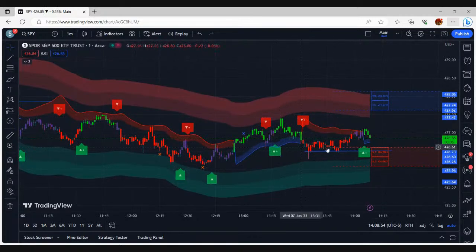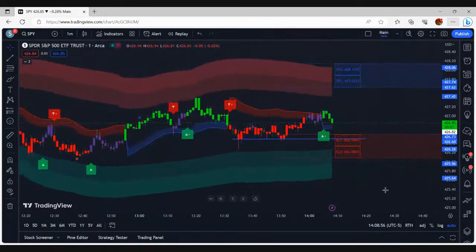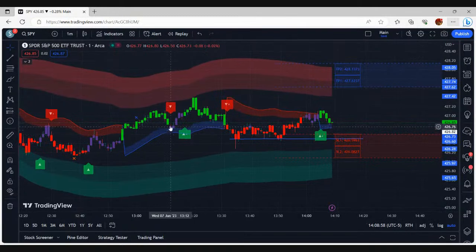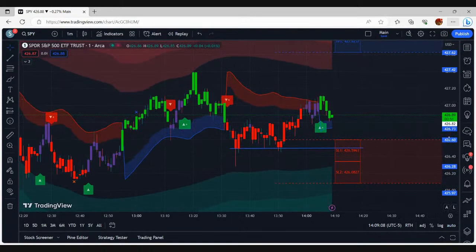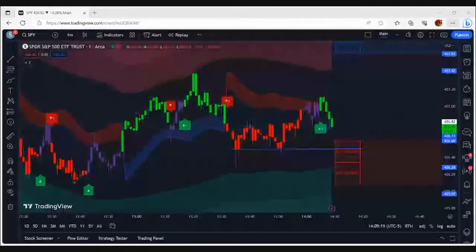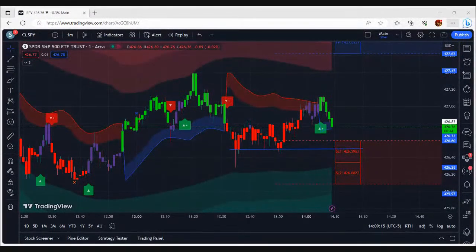Kind of put things into the bigger picture here. Yeah, I really hope it bounces off the smart trail here.